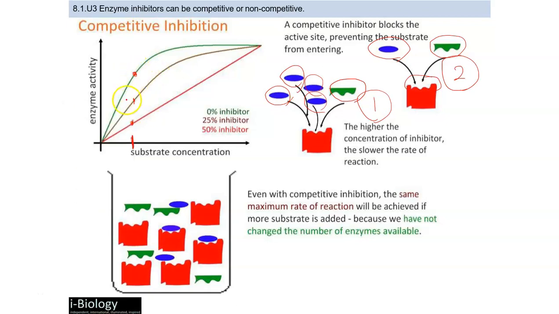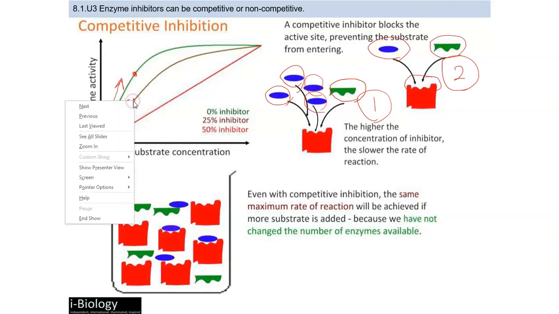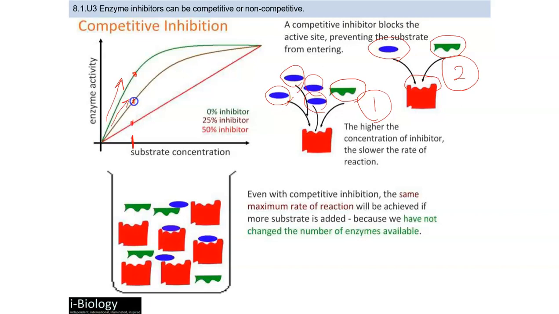What we can see is that when there is no inhibitor, the enzyme activity is higher. When there is 25% inhibitor, the enzyme activity slope is a little less, and the activity is going less. At 50%, it is less still.